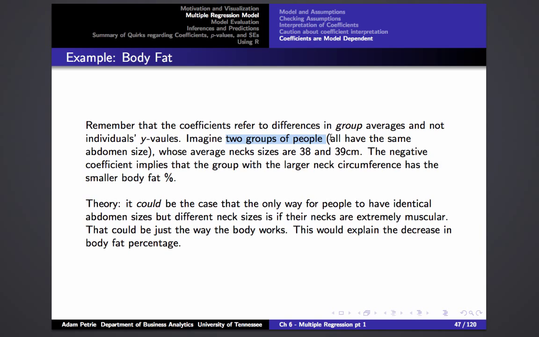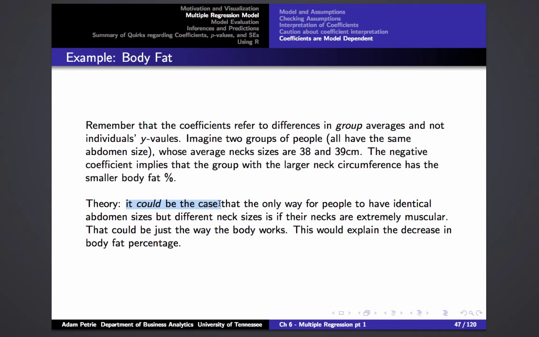In this case, they all have the same abdomen size, but the predictor variable of interest, the neck size, differs by 1 unit. Let's say one group has 38 centimeter circumference, the other one has 39 centimeter circumference. Here's the key insight. The negative coefficient implies the group with the larger neck circumference has the smaller body fat percentage. Now, I don't know exactly why that would be the case, but let's come up with the following theory.